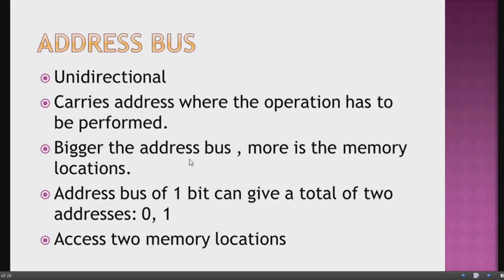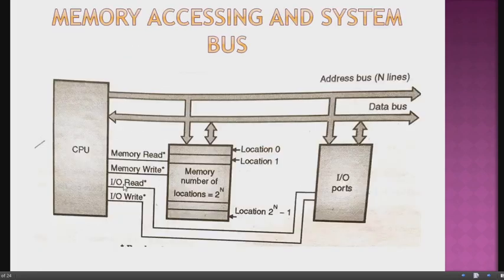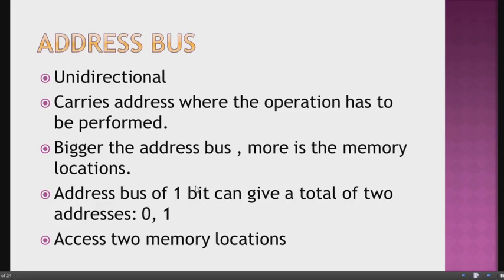The bigger the address bus, the more memory locations. If the size of the address bus is larger, then more memory locations are accessible. If n lines are there, then the total number of memory locations equals 2 raised to n. In this way, the size of the address bus decides the total number of memory locations.